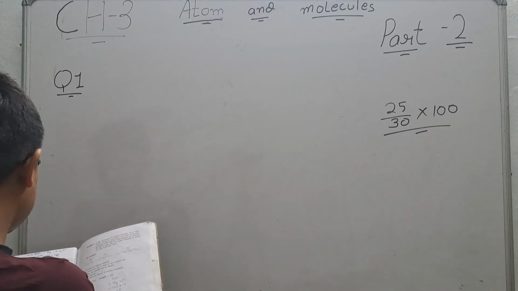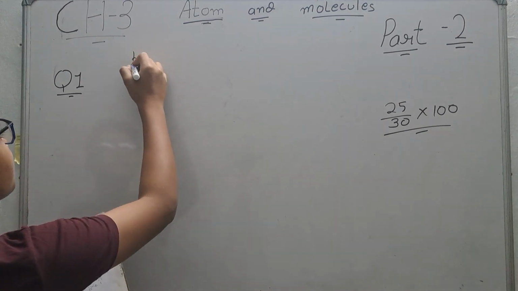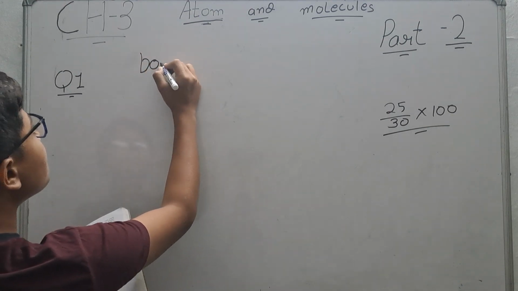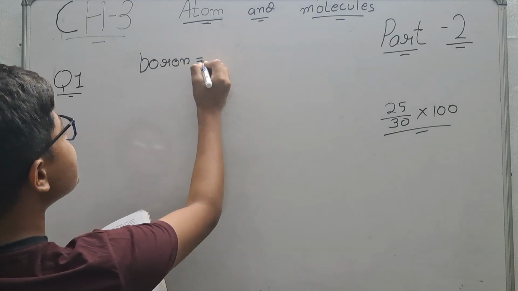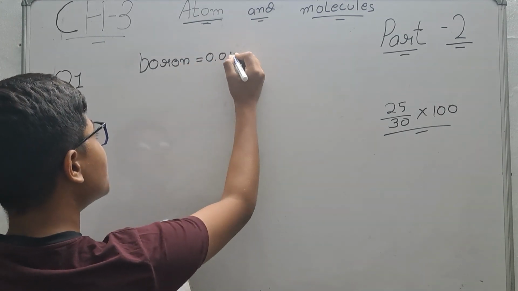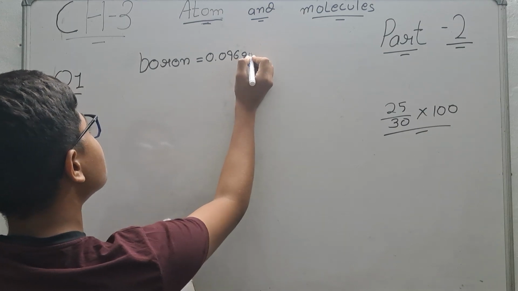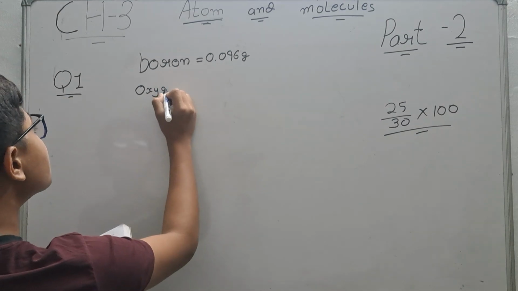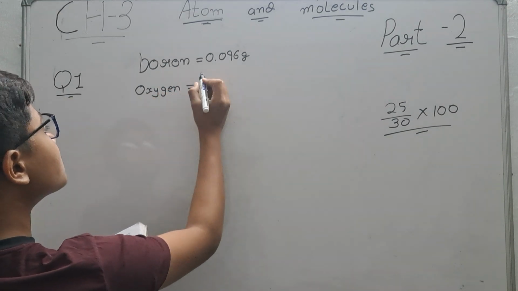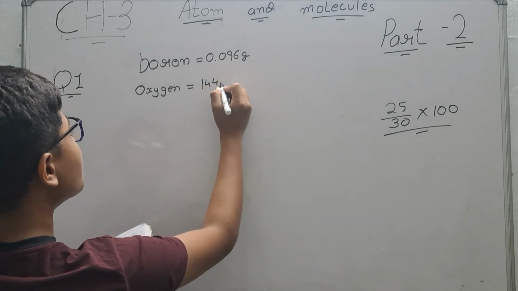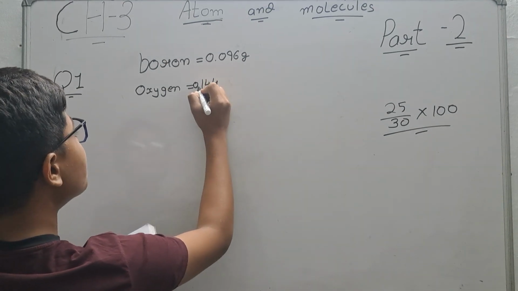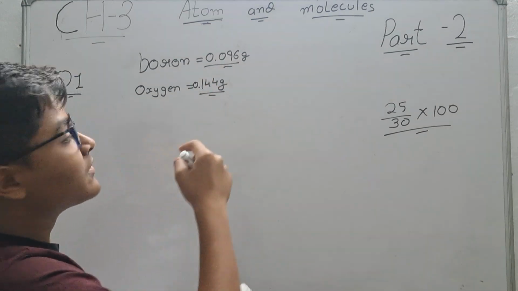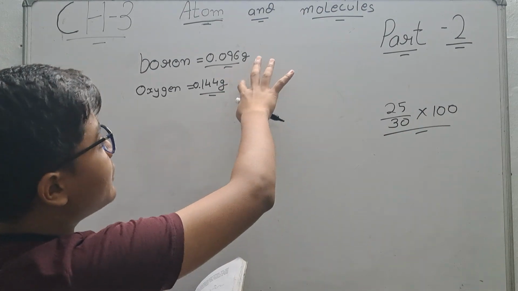So boron is given as 0.096 gram, then oxygen 0.144 gram. We have to find the percentage of both of them.